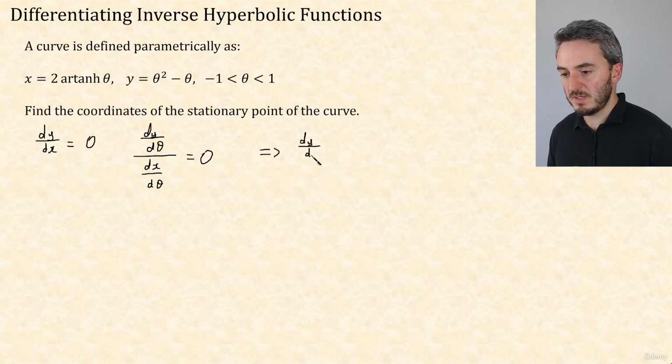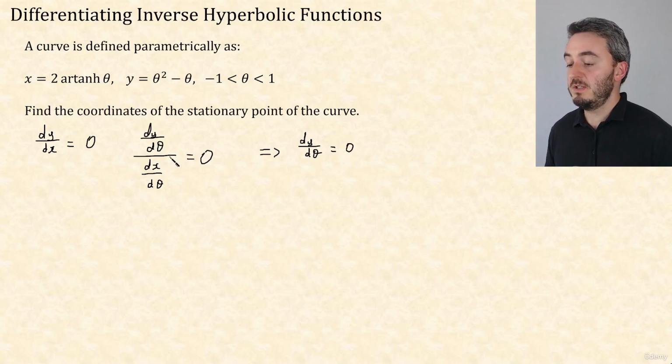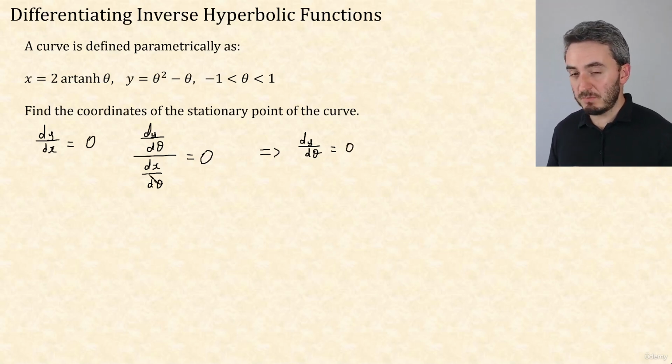Now there's a tiny bit of nuance there, which is if it turns out that dx by d theta is 0 at the same point, then sometimes this isn't enough. Very rarely asked questions that kind of force you to really grapple with that. We will do at the end, but let's just solve dy by d theta equals 0.